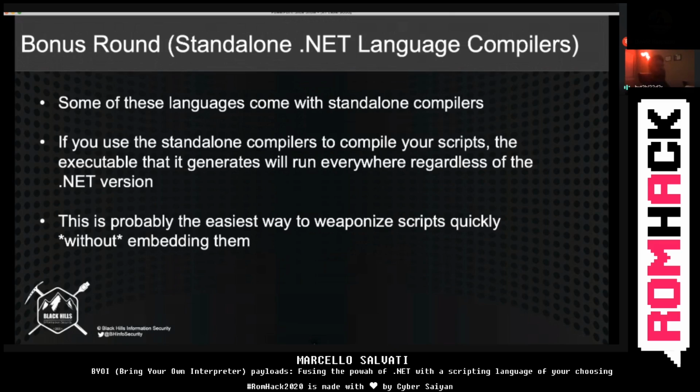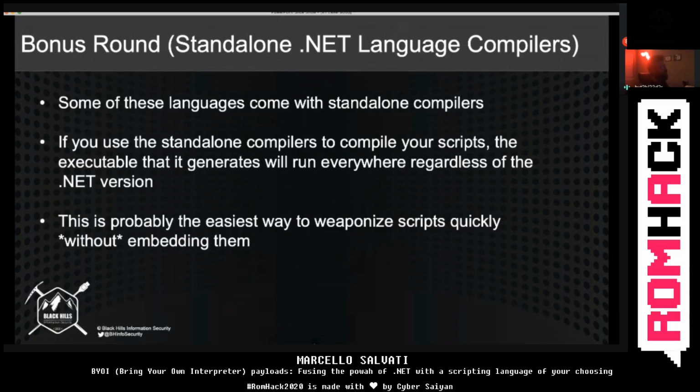Say you're like, Marcello, I don't want to deal with any of this embedding stuff because it's too complicated. That's fine. You can totally take those Boolang scripts that I just showed you, compile them to an executable, and run them on Windows. So you can easily weaponize this stuff without having to do the embedding.